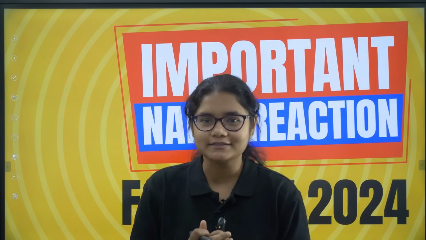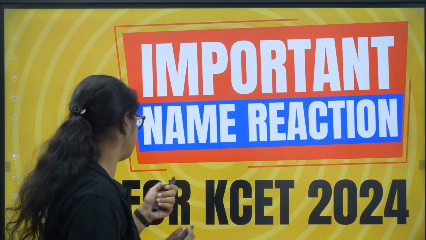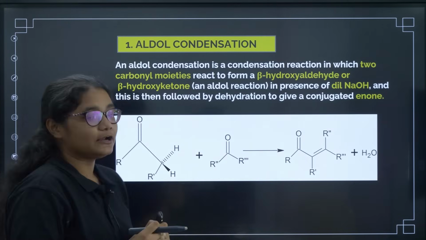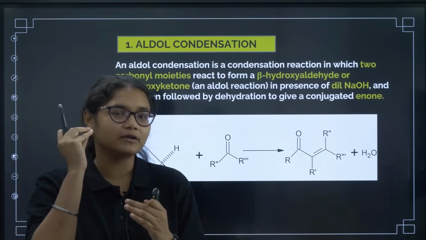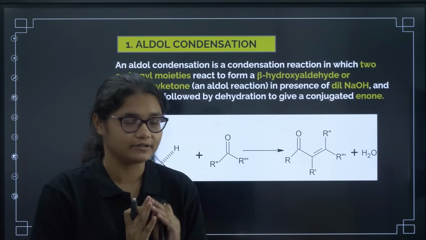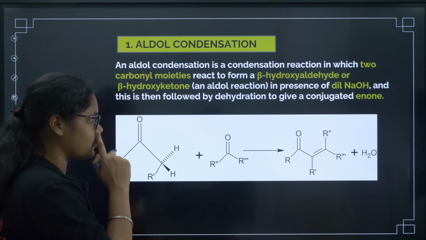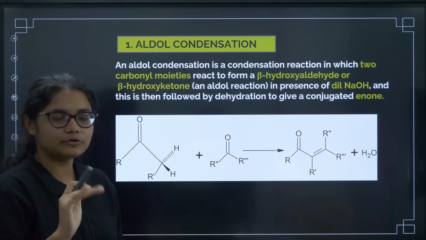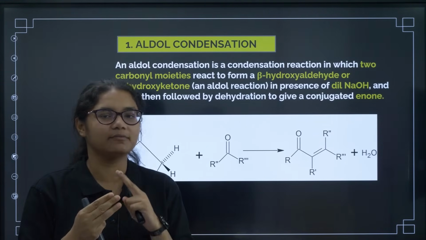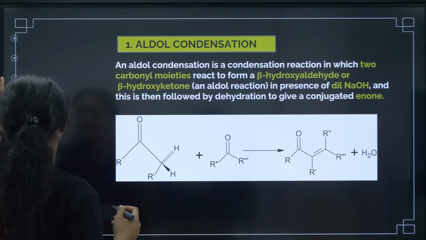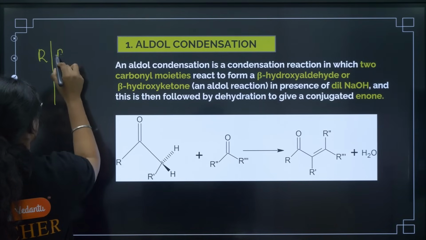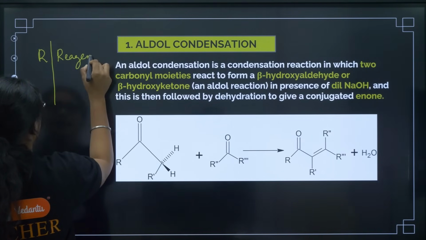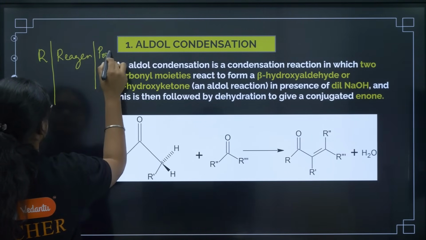Okay, so let us start with the first name reaction, that is aldol condensation. It is a very important reaction and many questions you will get from this topic. Whenever you are writing, you have to remember three important things for every name reaction. First is the reactant, next is the reagent, and then the product.